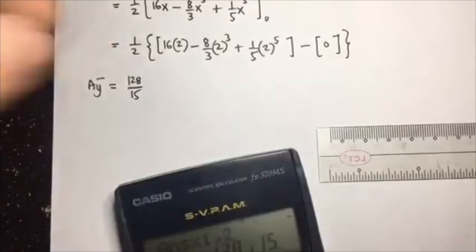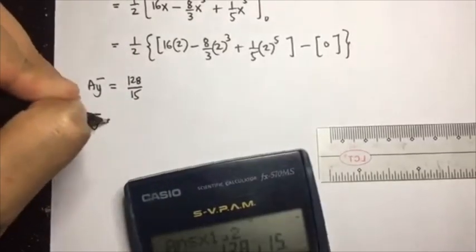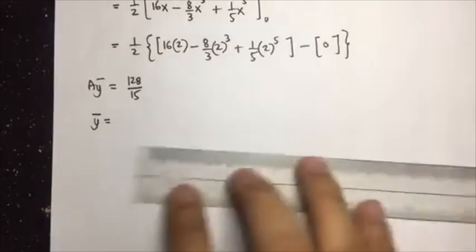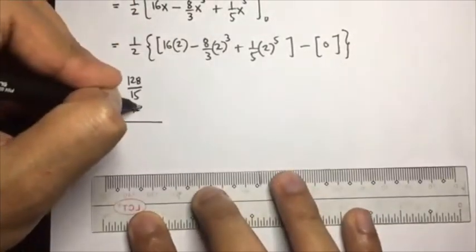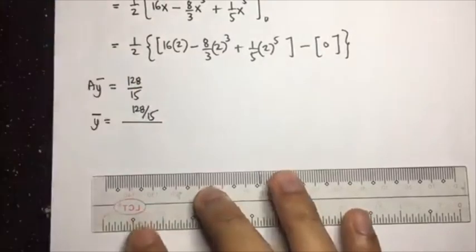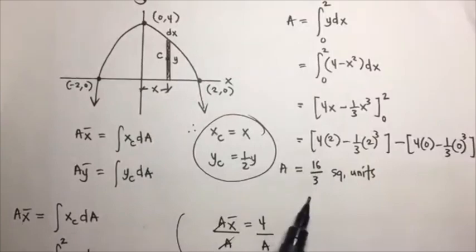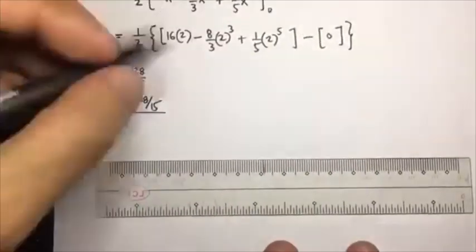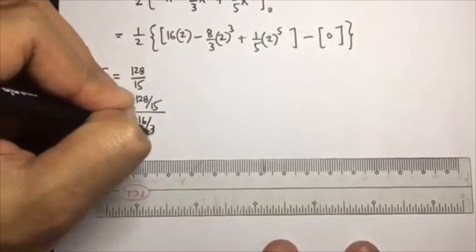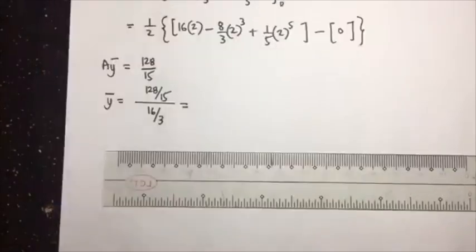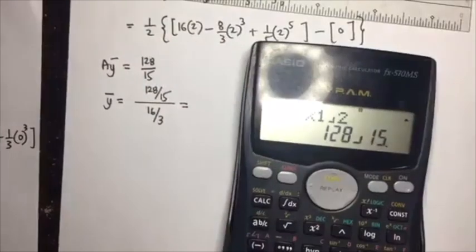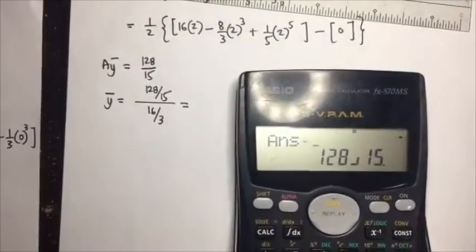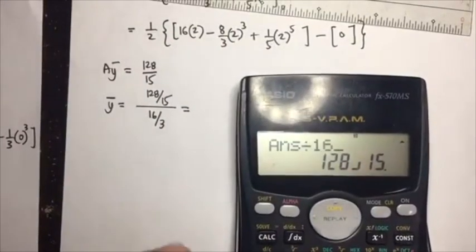Okay. Since we are looking for y bar only, we will divide 128 over 15 by the area. Our area from earlier again is 16 over 3. So y bar therefore is equal to 128 over 15 divided by 16 over 3.